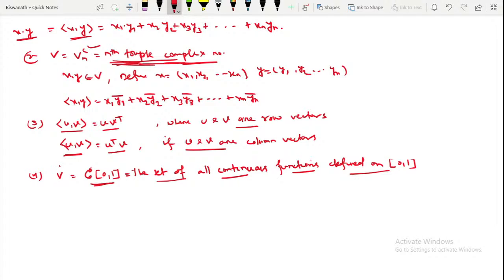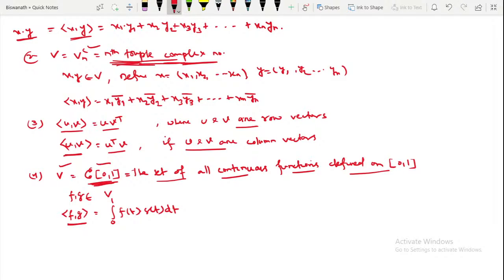So if V is a vector space like this, script C[0,1], and f, g are any two vectors from this V, then what will be the inner product of f and g? This is the integration from 0 to 1 of f(t) g(t) dt. Okay, this is the inner product of f and g, where the vector space is script C[0,1].